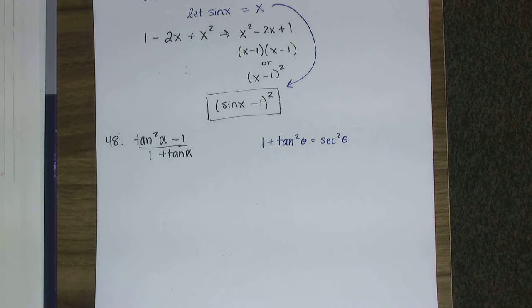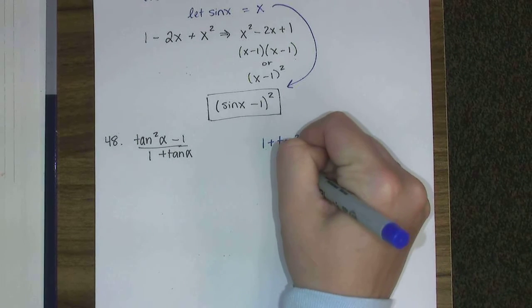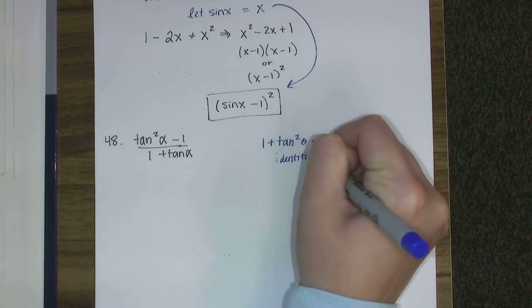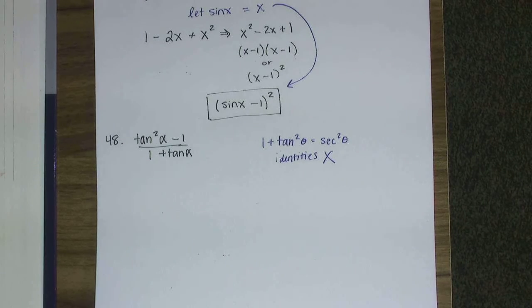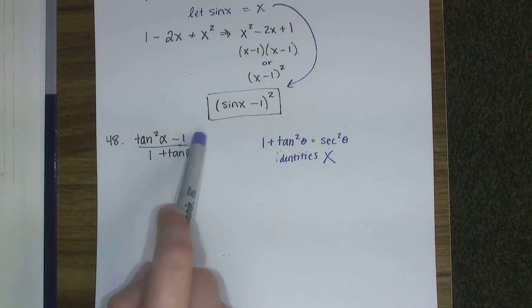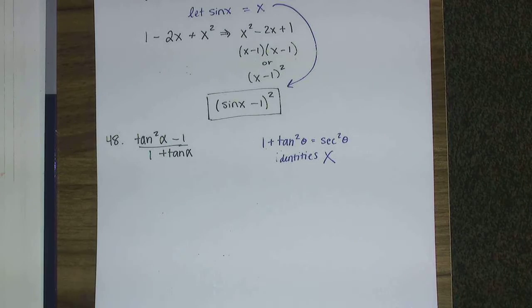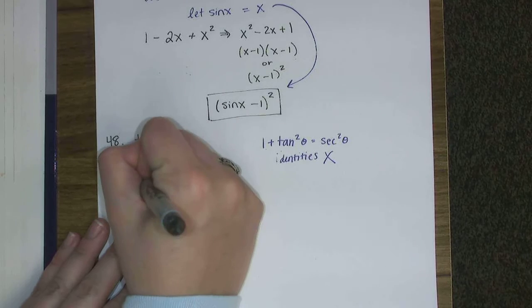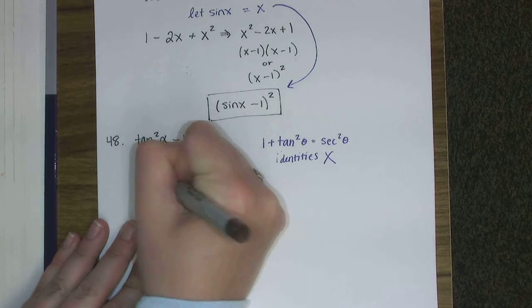But maybe I also noticed that this is a difference of squares. So maybe we can try that and see if that will help us. So we could do tangent of alpha minus 1 times tangent of alpha plus 1, over 1 plus the tangent of alpha.